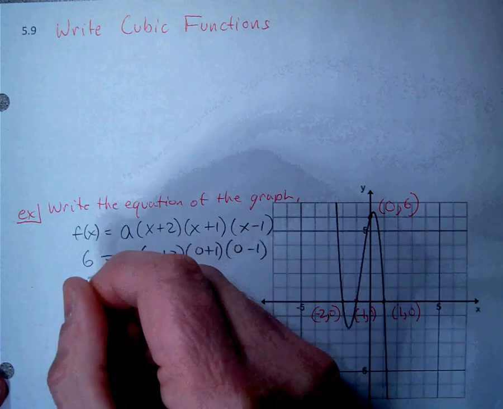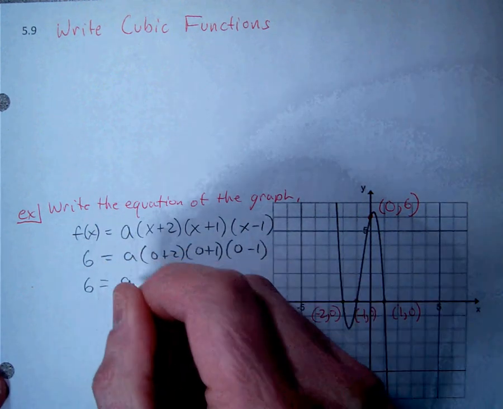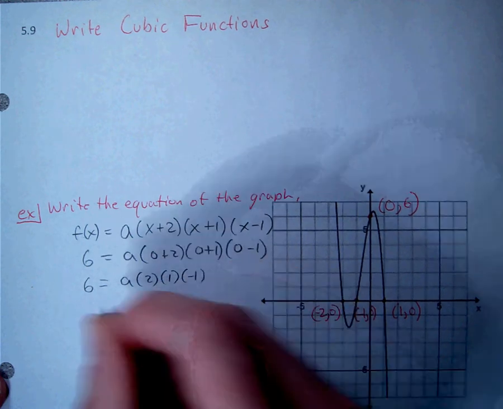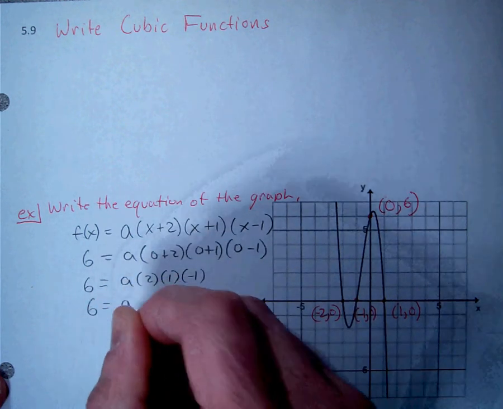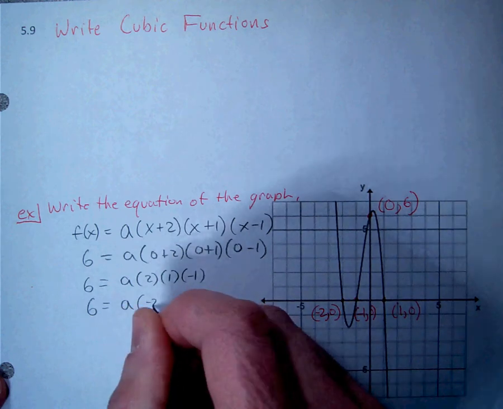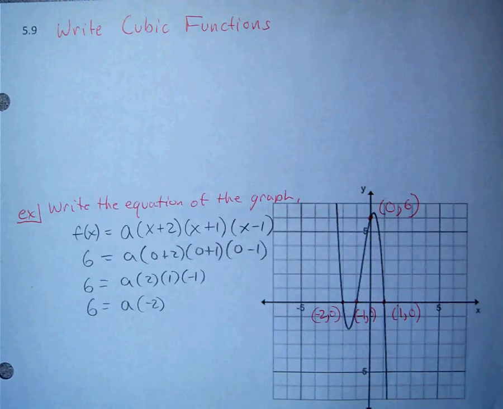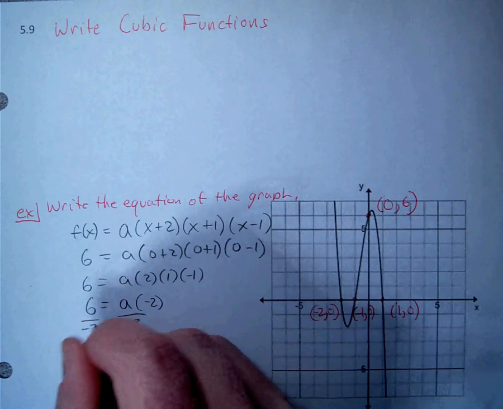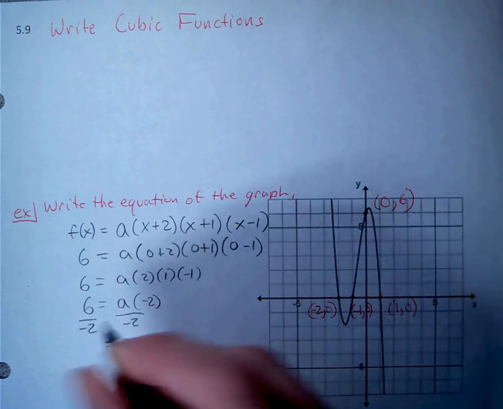And we're going to simplify this. And we're going to get 6 is equal to a times -2, or -2a, divide by -2, and we've just solved for our leading coefficient.